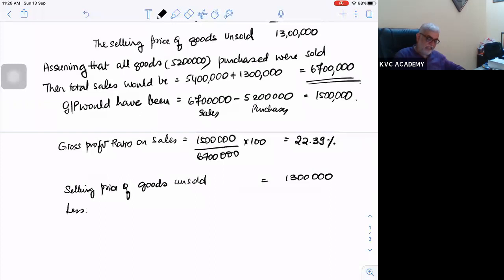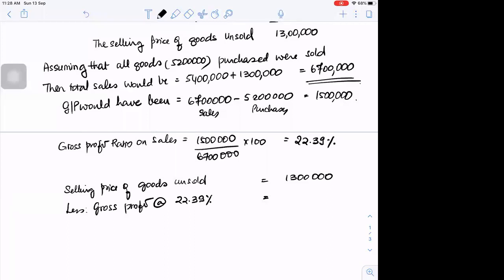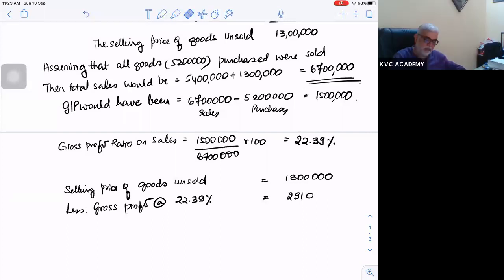So less gross profit at 22.39%. How much is that? 2,91,070.